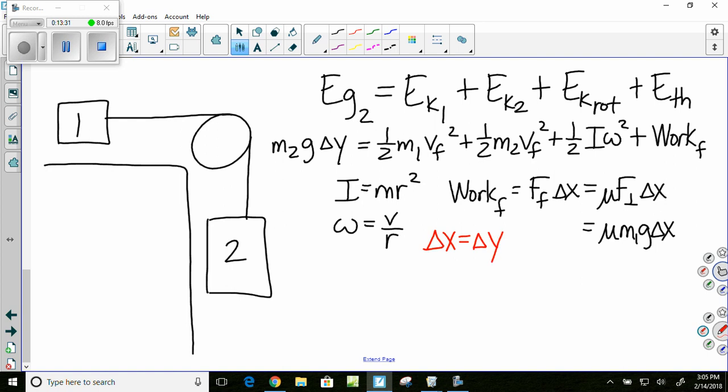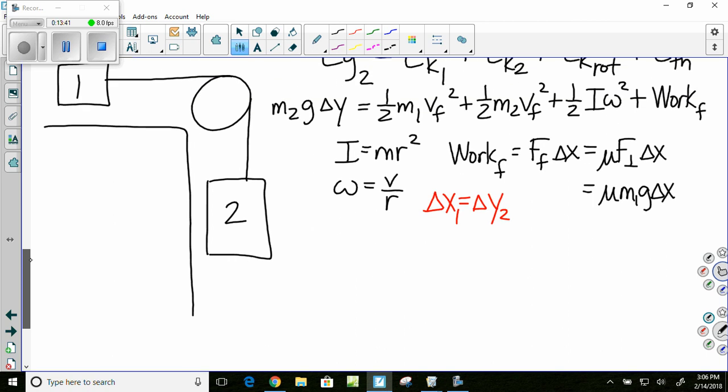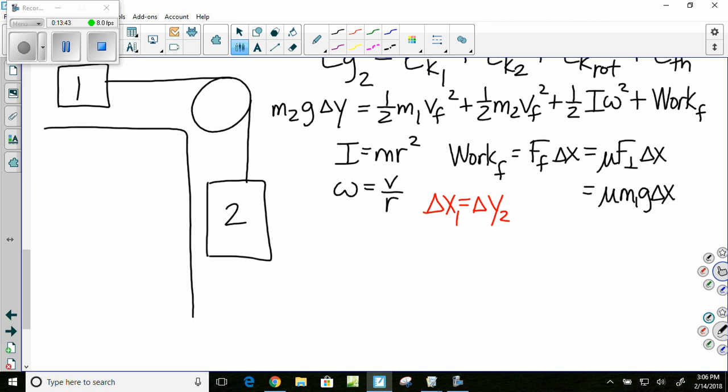So now when I go to substitute all of this in, I'll move it back up here, I end up with m2 g delta y is equal to 1/2 m1 v final squared plus 1/2 m2 v final squared plus 1/2, instead of I, it's mr squared.